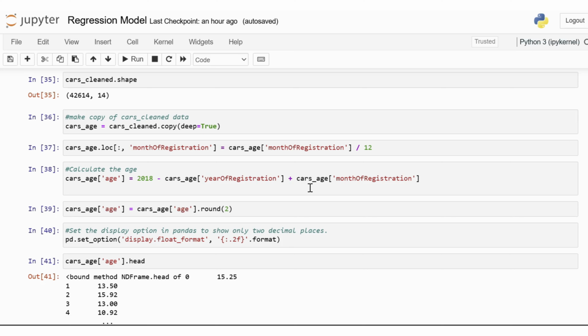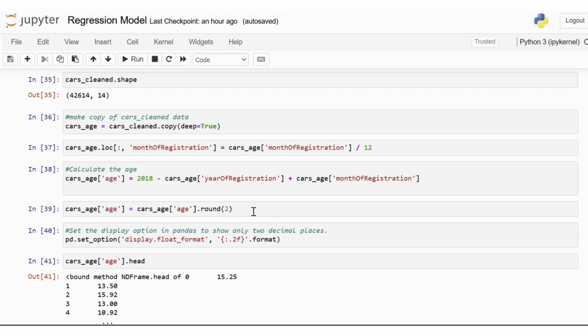For implementing the formula, we subtract the year of registration from 2018, and then add the decimal month value to this difference. Next, we are creating a new variable called age to store this value. And lastly, we round off the decimal places to 2 using the round function for better readability and precision.